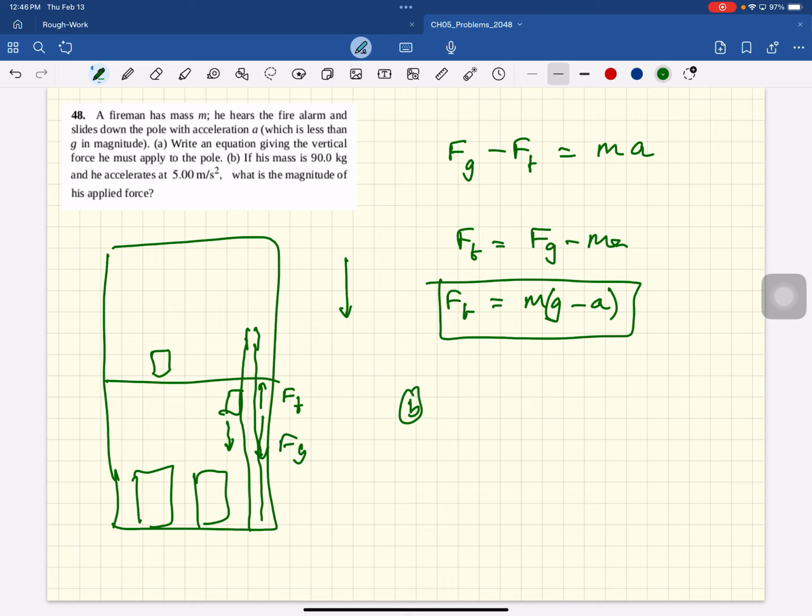So the force he'll apply, again, acceleration is 5 meters per second squared. I like to write it in terms of g's, so it gives it more meaning rather than just doing numbers.